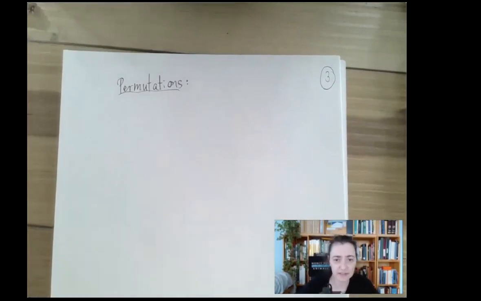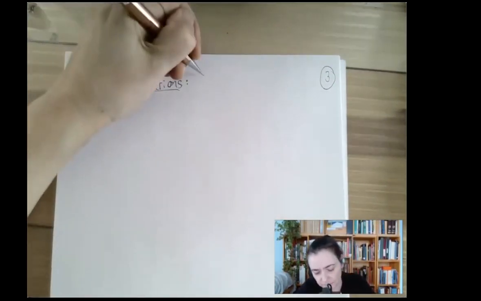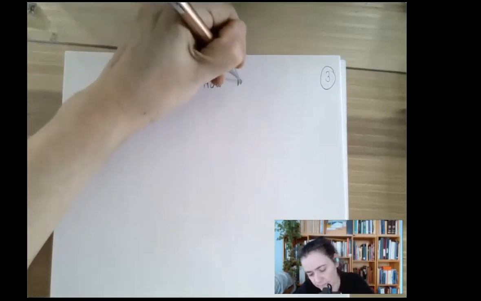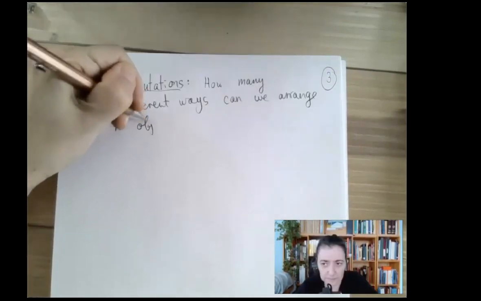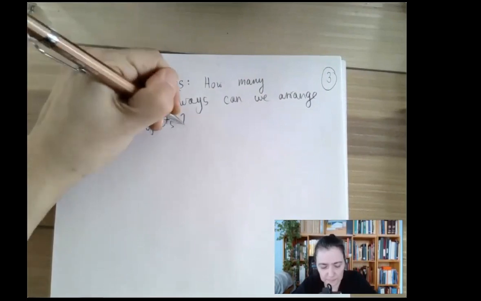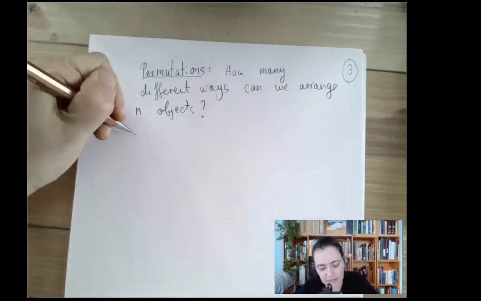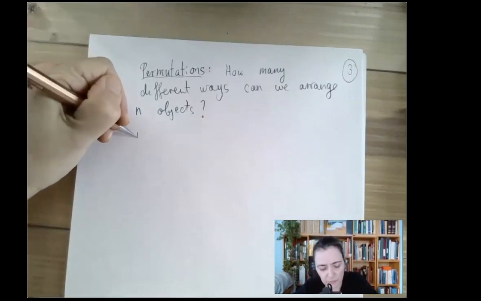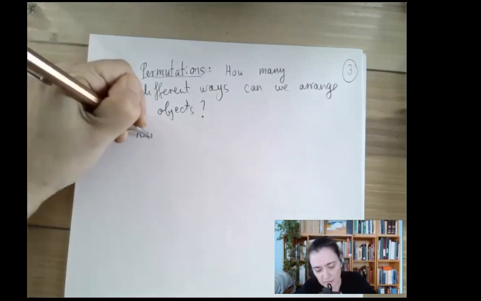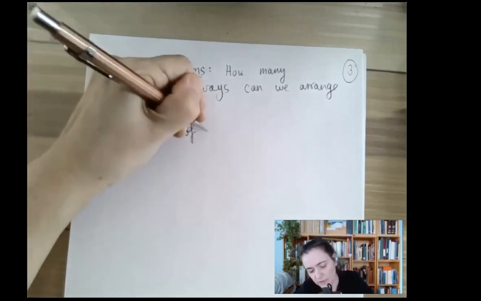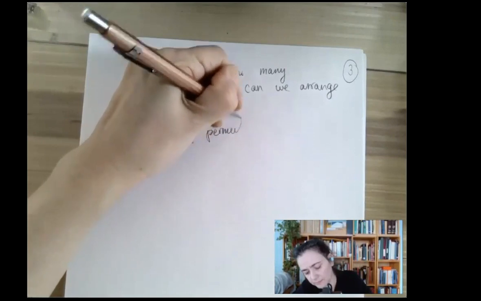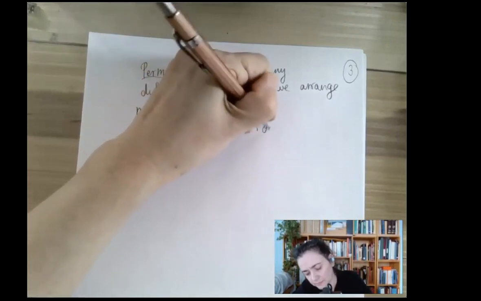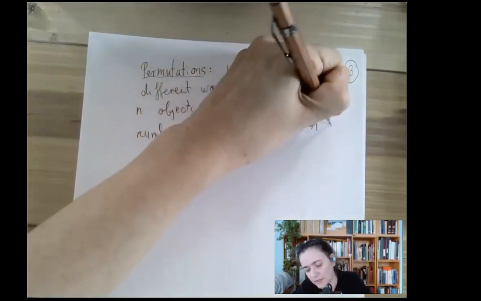So permutation is the same as rearrangement. That's sometimes referred to as the number of permutations on n objects.